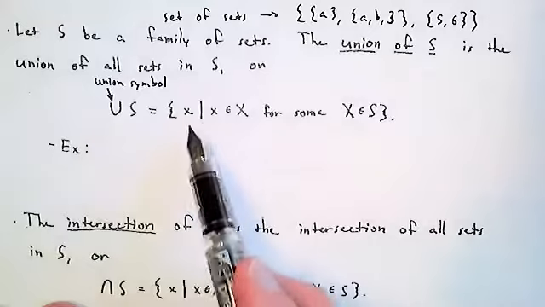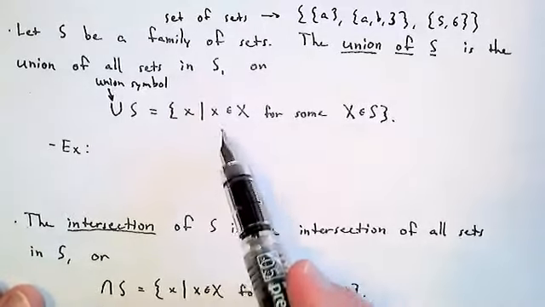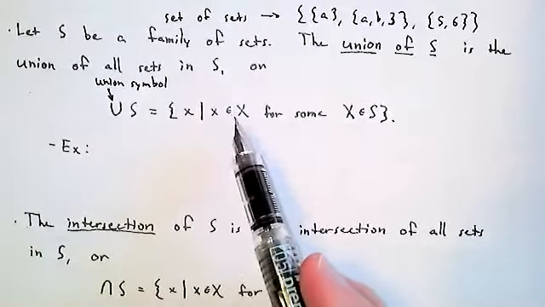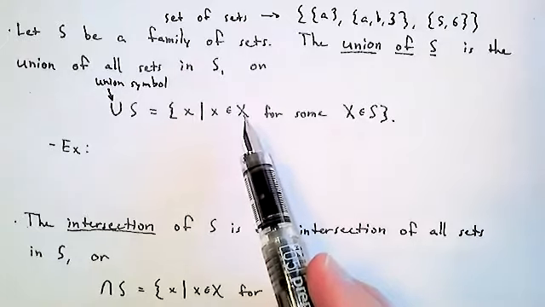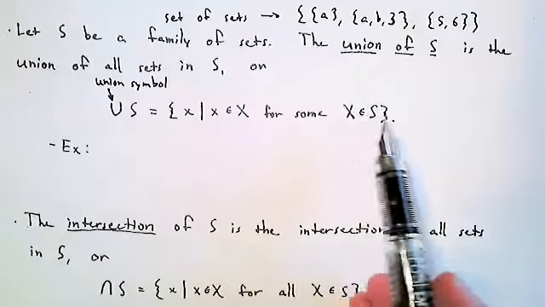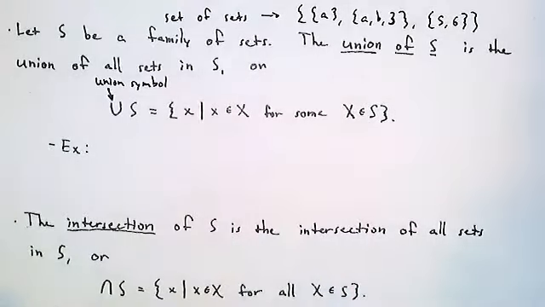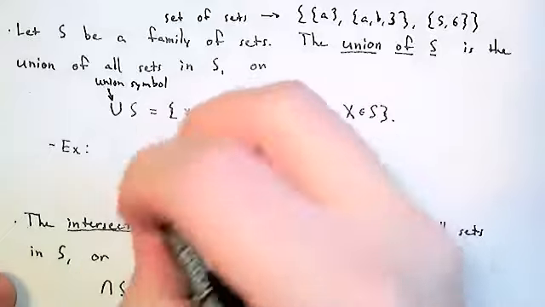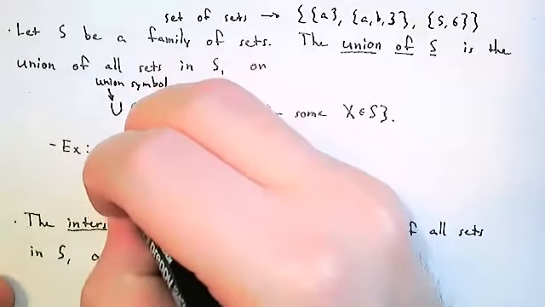So the union of S is the set of x such that little x is an element of uppercase X for some big X in the family. Okay, so that probably makes it more confusing for some of you. Let's look at an example.